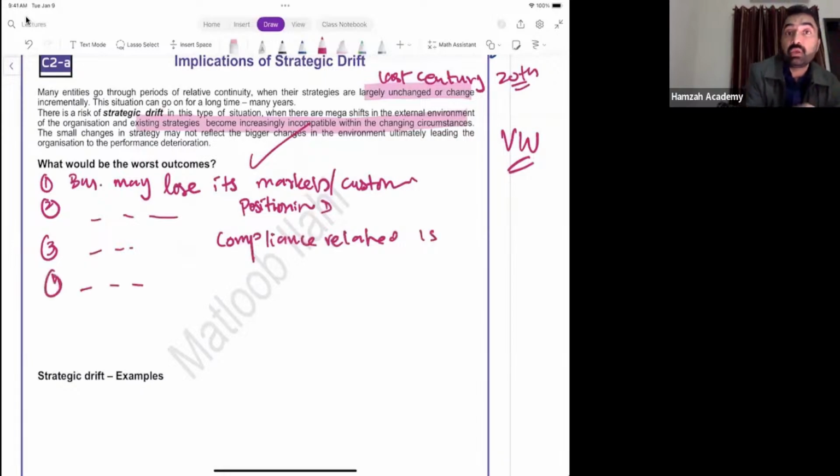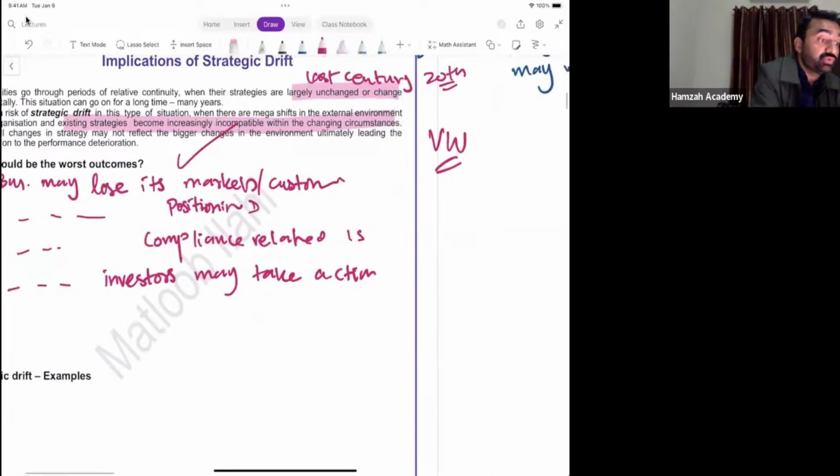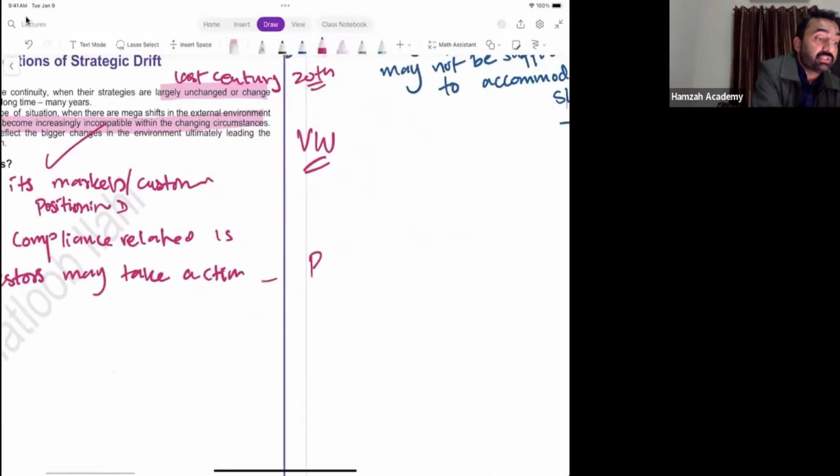You can also think in the context of the investors, for example, if the board is so slow, if the board is so risk averse, or a sluggish board.